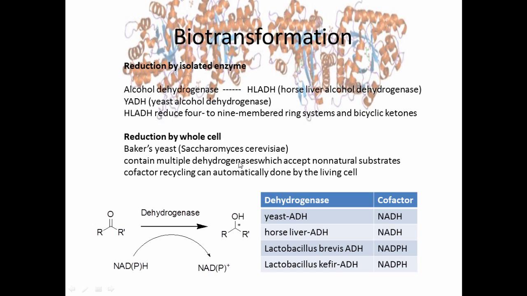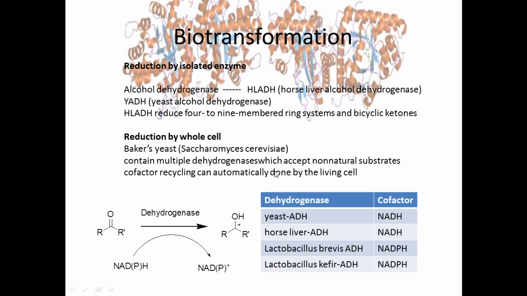When you use whole cells, there are a number of enzymes from the microorganisms, so NADP is converted into NAD automatically in living cells. But with isolated enzyme you have to add an external enzyme which can recycle the cofactor. So this is a drawback of isolated enzyme.